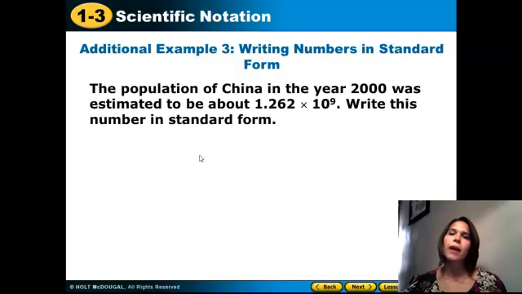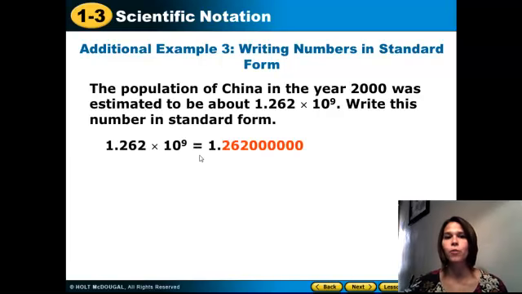I can also go back from scientific notation into standard form. The population of China in the year 2000 was estimated to be about 1.262 times 10 to the 9th. I can write this in standard form. First I'm going to write my numbers 1,262, and then I do it just a little bit differently, and I'll show you in class. I'm going to add zeros until I get enough to fill in the spaces to move this decimal right here 9 places.